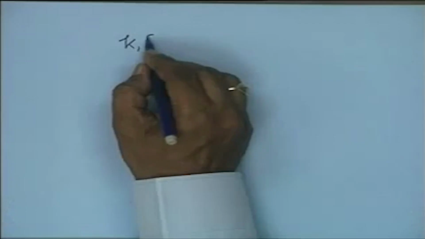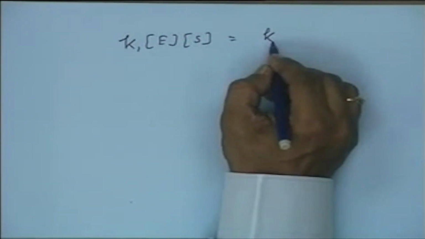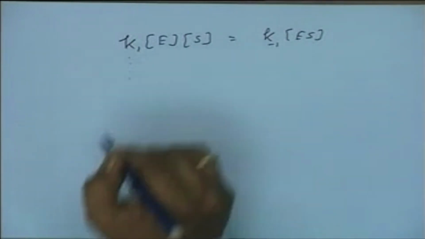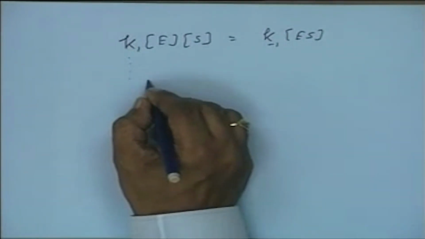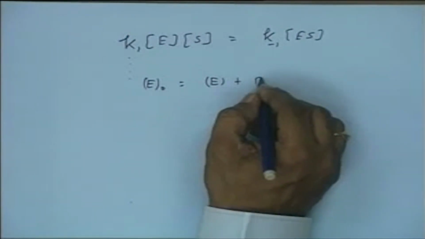That means, at equilibrium, K1 into E into S is equal to K minus 1 into ES, and by a series of interpretations and using the enzyme conservation equation, E0 equals E plus ES.